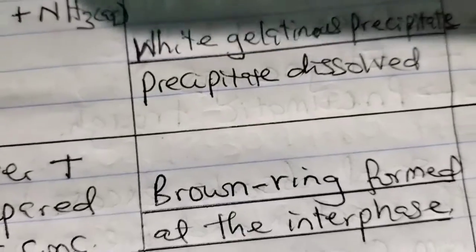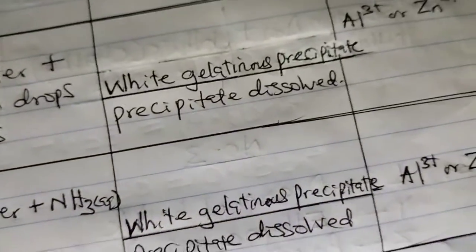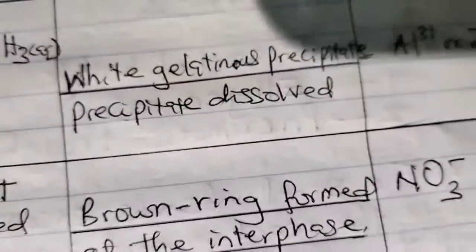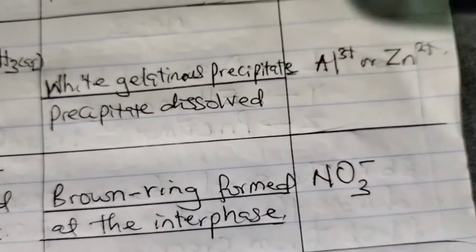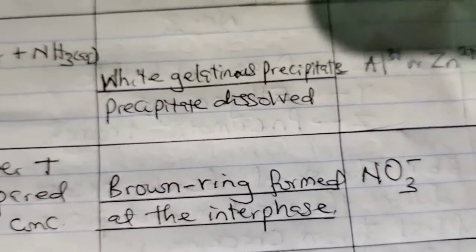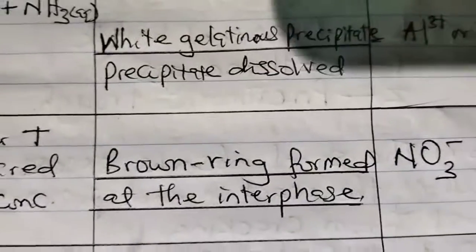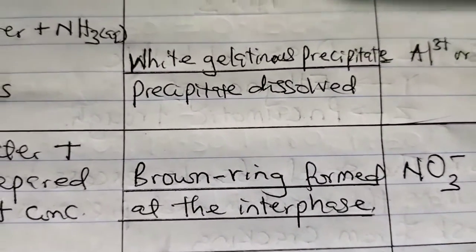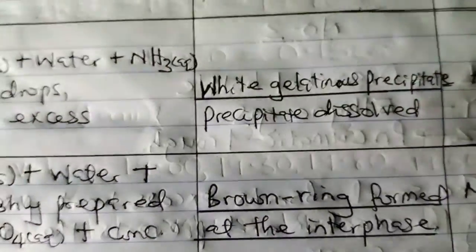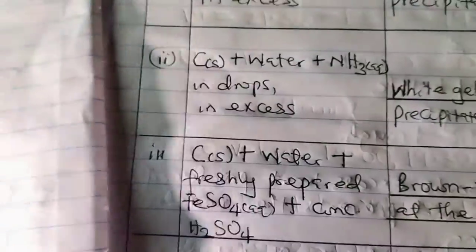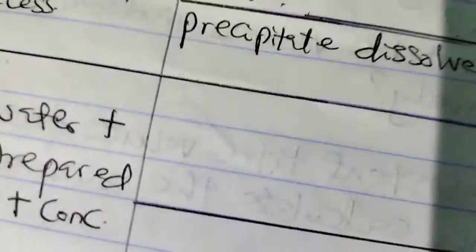The underlined statements are the answers. So NO3 was given to us. If you look at the solution, the underlined are the answers. So a brown ring formed at the interface is our solution. So for that number triple I, we'll now go on.